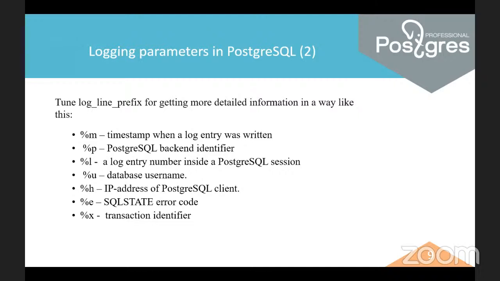And what I also suggest you do is set your idle in transaction timeout, since this transaction identifier can show us the case when a transaction has done its action, but it hasn't committed or rolled back. This situation is bad because our internal locks are not released.